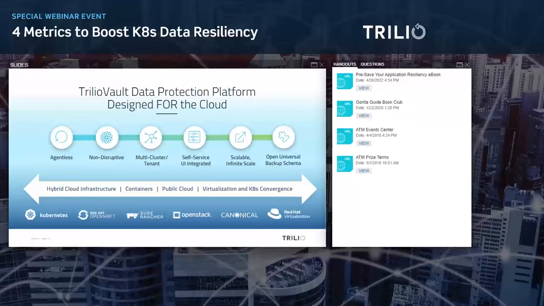And then open universal backup schema. This is something that's very unique to Trilio. When we do a backup of an application, we're backing up that metadata in JSON format and the data itself in K8s format. And K8s, if you're not familiar, is a Linux industry standard.